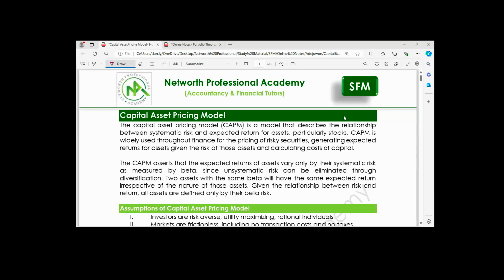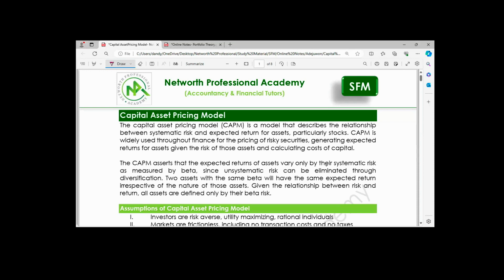I believe you have access to the material because it was shared with you earlier today. Now, we want to talk about the capital asset pricing model. It is just a continuation of portfolio theory.